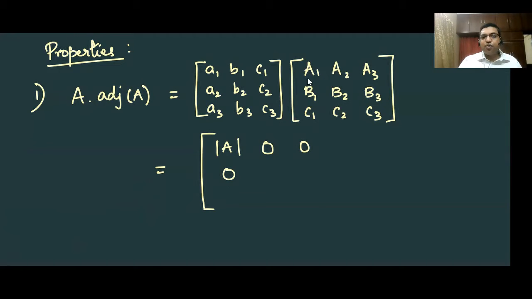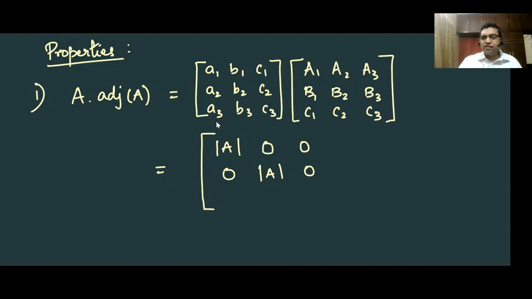Then second row multiplied by the cofactors of the second row, we get determinant. Second row multiplied by the cofactors of the third row, you get 0.